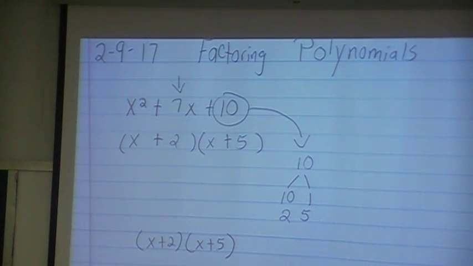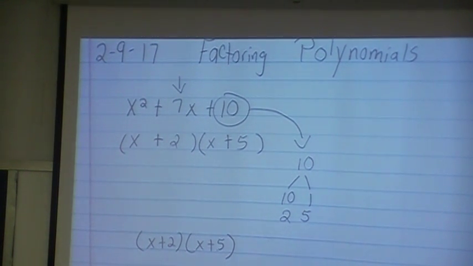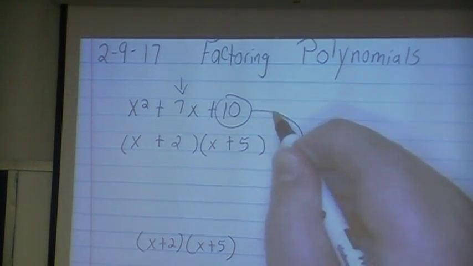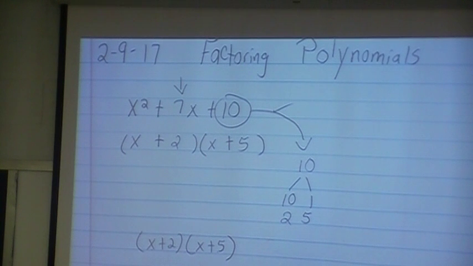X times 5 is 5x. 2 times x is 2x. 2 times 5 is 10. X squared plus 7x plus 10. That's exactly what I started with. So it's the opposite of FOIL. It's like dividing polynomials, if you look at it that way. You're factoring it. You're breaking it down. Okay?